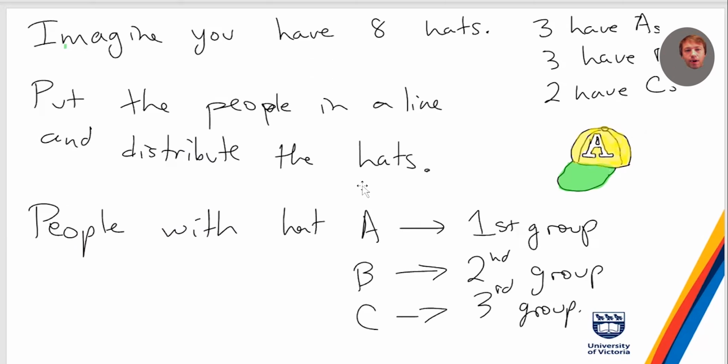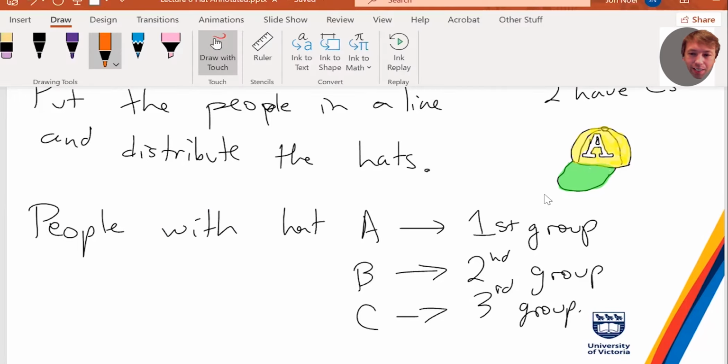Imagine I take the people and I put them in a line, okay? And in order to determine who goes in which committee, I have a funny way of doing it where I give people a hat which has the letter of their committee. Okay, so this is my crappy drawing of a hat here with an A on it, right?